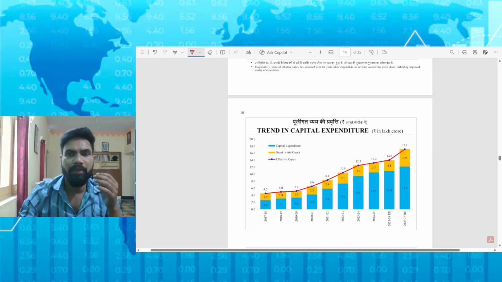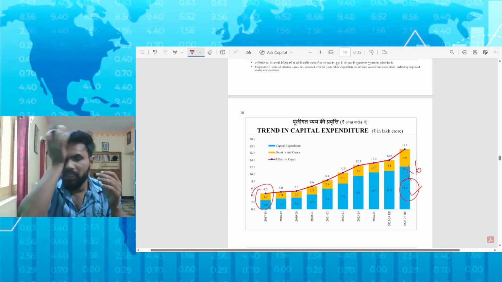Then trend in capital expenditure, if you see, in 2017-18, capital expenditure stood at 2.6 lakh crore rupees. Now the budget estimation is 12.2 lakh crore rupees. So from 2017-18 onwards, there is a 6 times increase in capital expenditure.